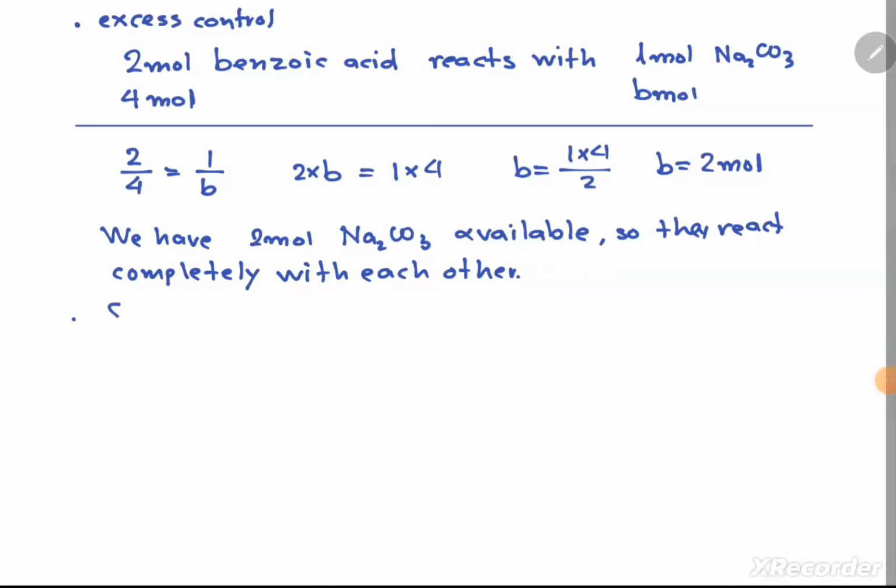So we have the stoichiometric calculation.